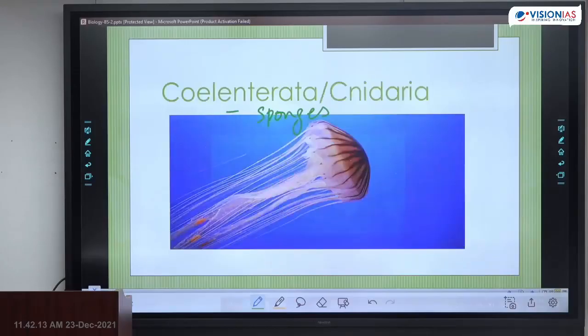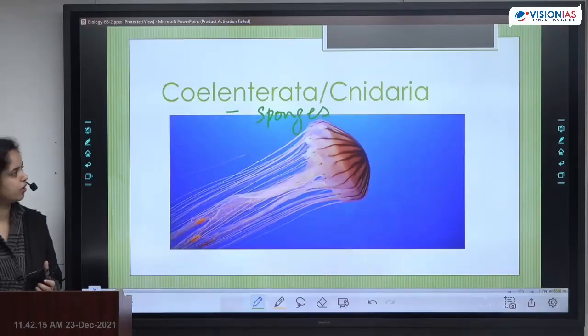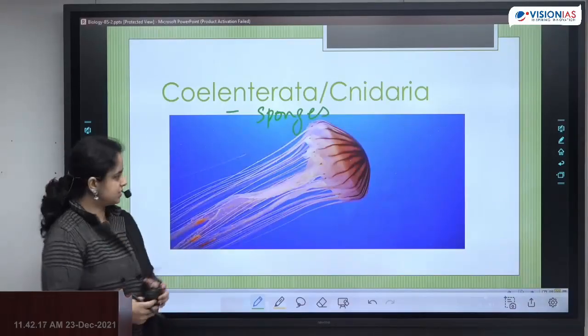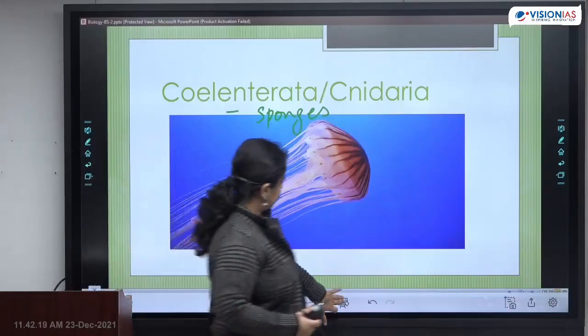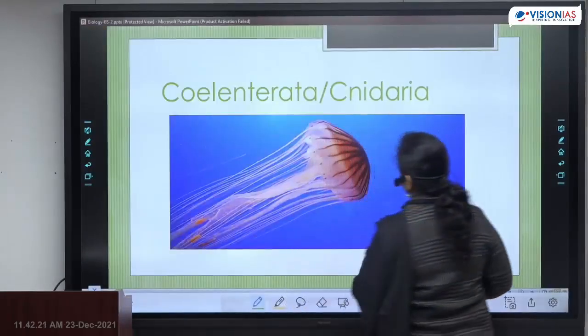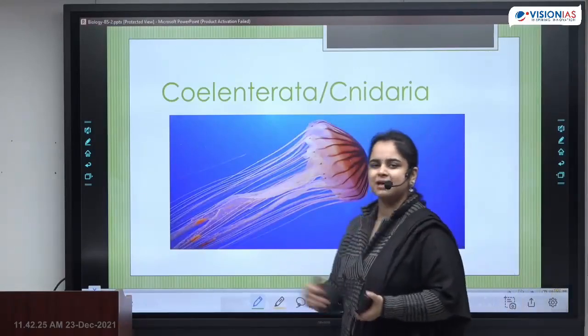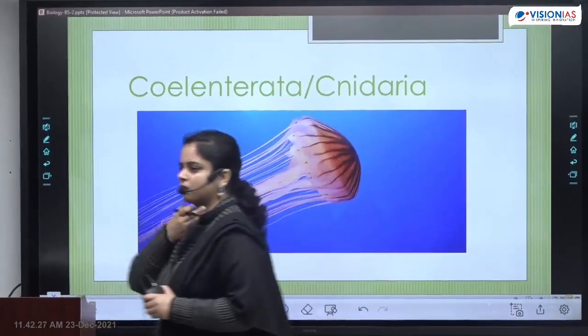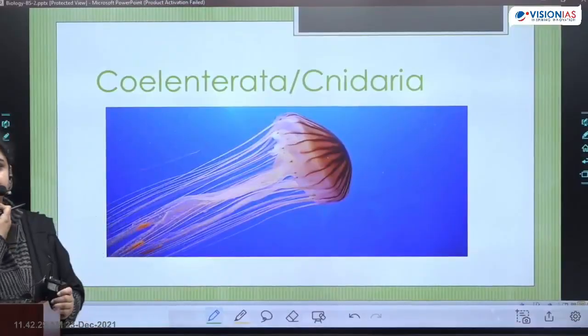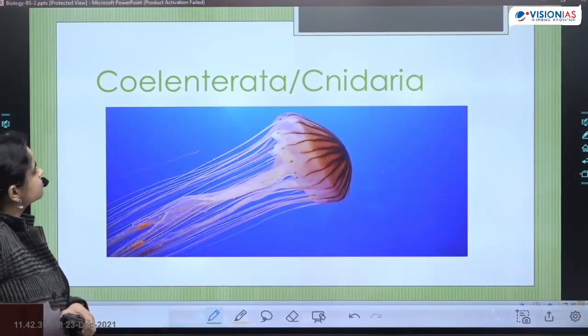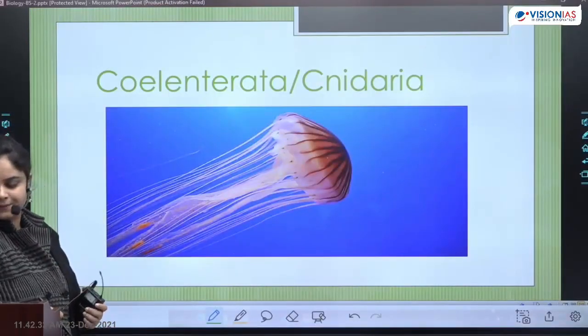Next category is called Coelenterata or Cnidaria, and you can see this nice jellyfish here. Most of the organisms in this category would be found somewhere in the bottom of the rocks. So write down the name, Coelenterata, Cnidaria.